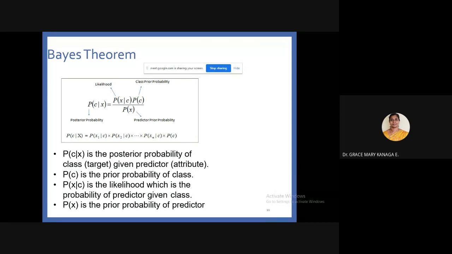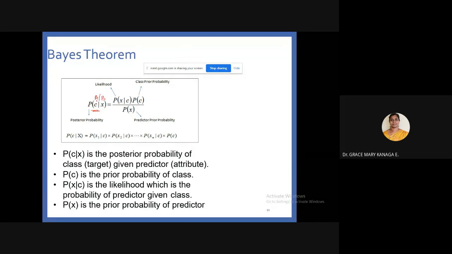So now this is your Bayes theorem, the same formula, only notation has changed. In the previous case, we mentioned that as A given B. Instead, here they have mentioned as C, X. So this we call it as posterior probability, and this is the class prior probability, and this is the likelihood of occurrence, and this is the predictor prior probability.